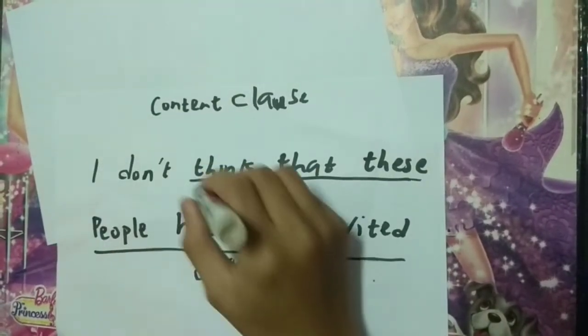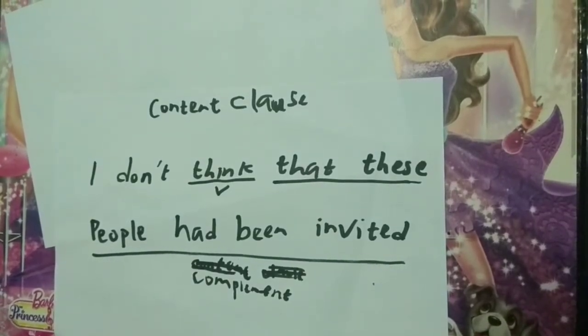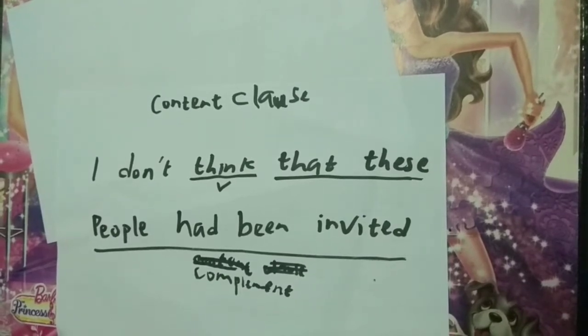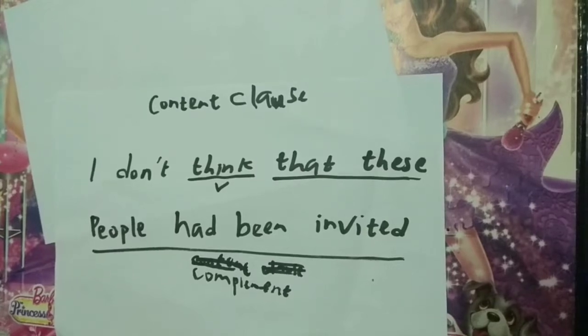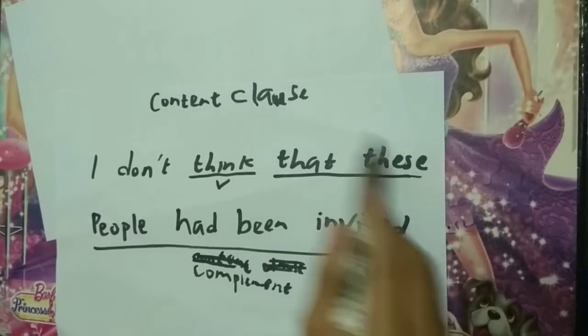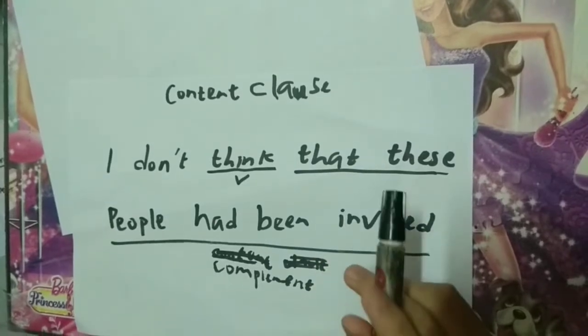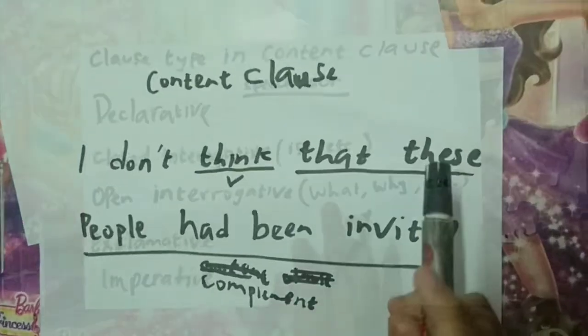"I don't think" is the verb, the main clause, and "that these people had been invited" is the complement. So all forms of clause that follow speech function can be called content clause.